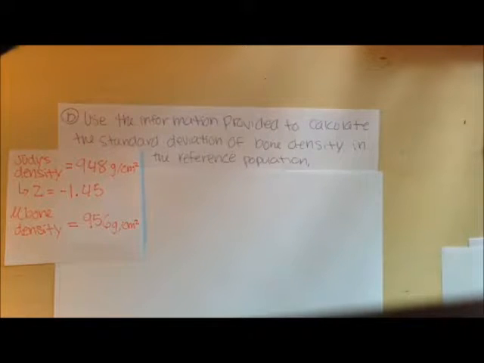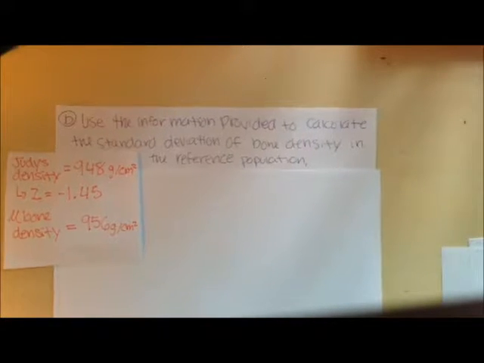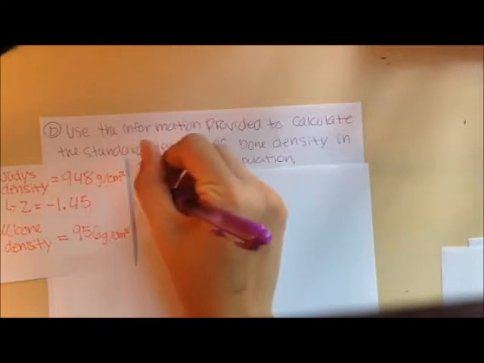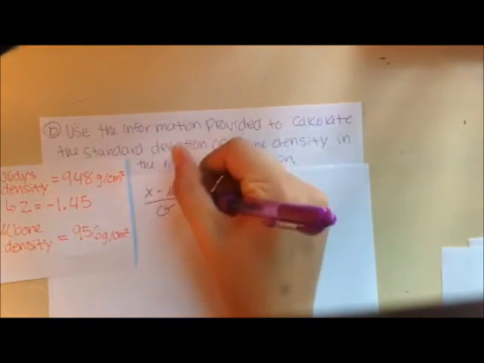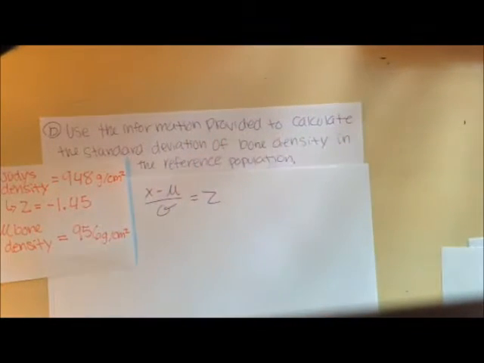B asks, use the information provided to calculate the standard deviation of bone density in the reference population. So in order to do this, we're going to have to use that equation that we used in question 1. In case you don't remember, it's the given value minus the mean over standard deviation equals your standardized score. So if we plug in what we know to this equation, we're going to have to use Judy's information again.